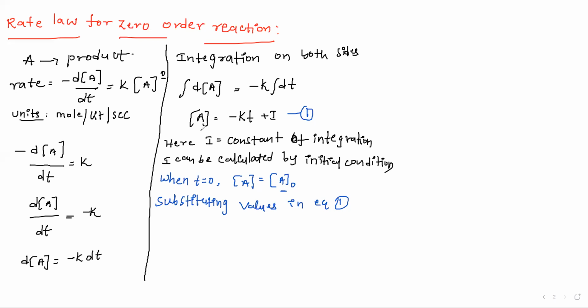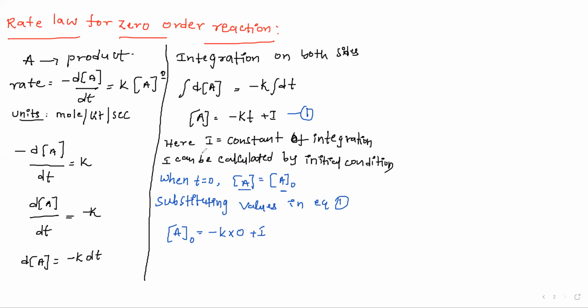So instead of A, what we have to write? Instead of A, A naught. So A naught is equal to minus K into 0 plus I. Why minus K into 0?